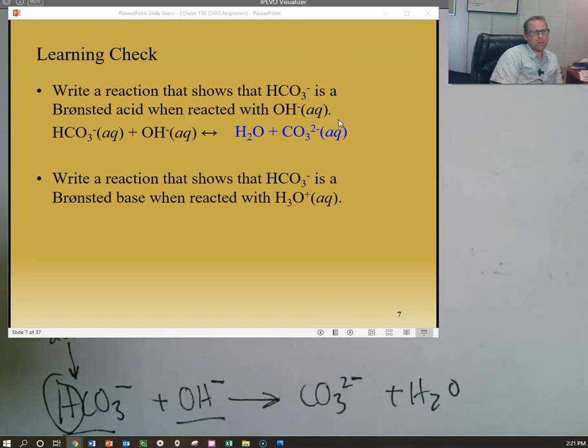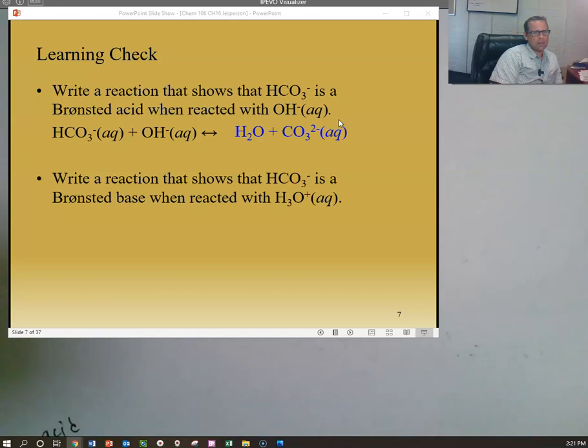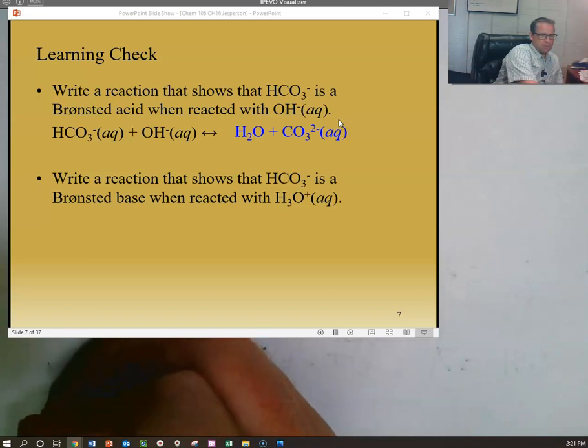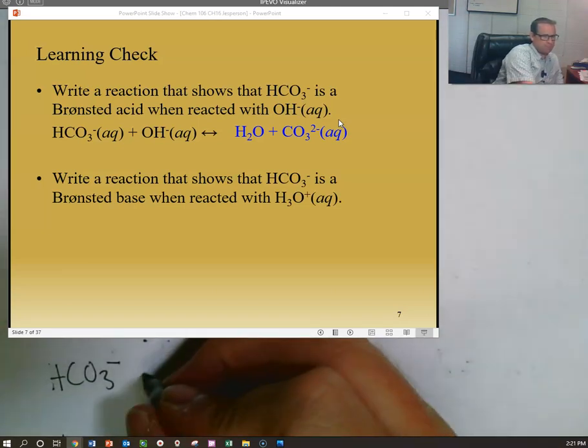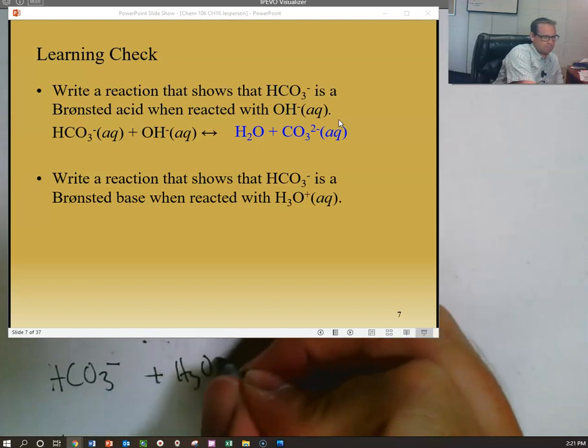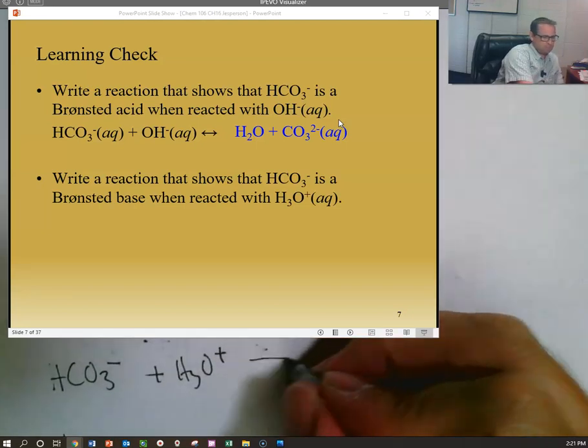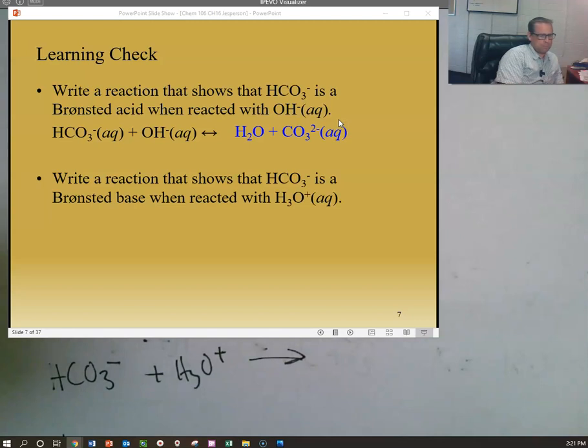Let's write a reaction now that shows HCO3 minus is a Bronsted base when reacted with H3O plus. Brielle, do you want to help us out? Since it's the base, the H3O plus will donate its hydrogen to the HCO3 minus.